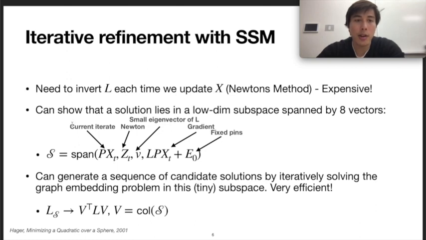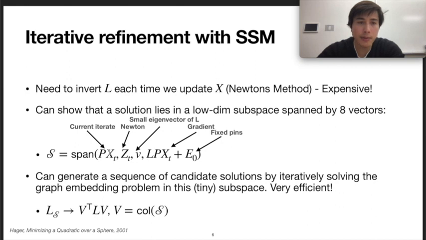So in our paper, we exploit the fact that solutions to the aforementioned quadratic lie in a low-dimensional subspace. It's spanned by 8 things: the current iterate at time t, the Newton direction z, critically the small eigenvectors of L, and a gradient term as well.